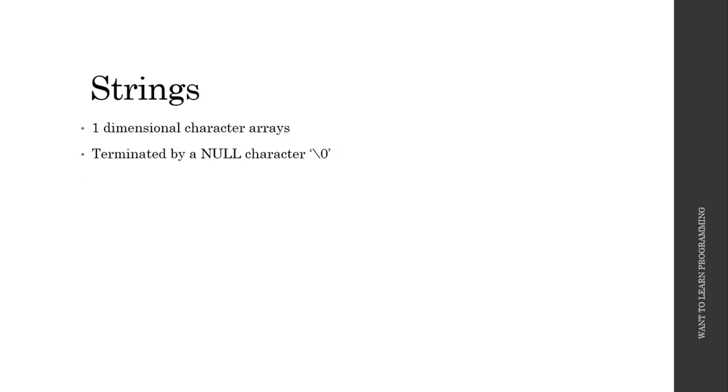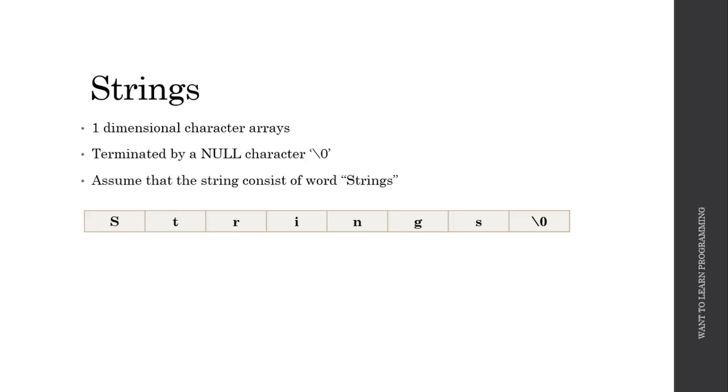Assuming that the string consists of the word "strings", we will look at how this word will be stored in the form of a one-dimensional character array. Assuming that this block is a variable in the character array, then "strings" will be stored in this format.